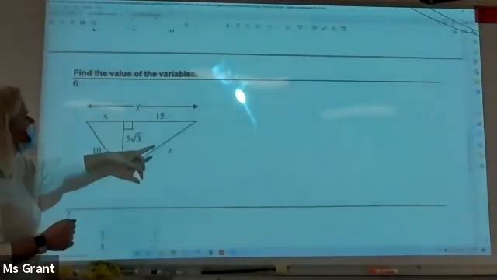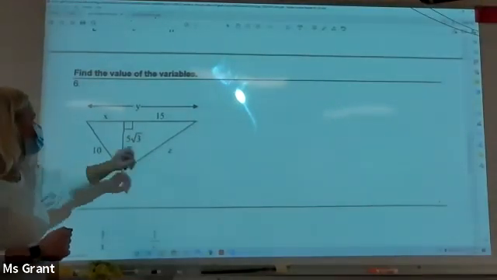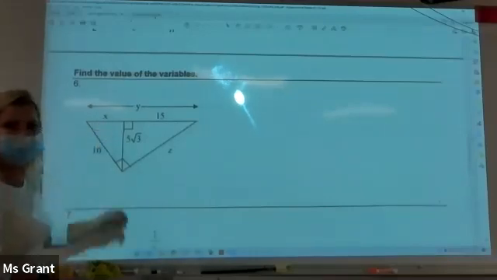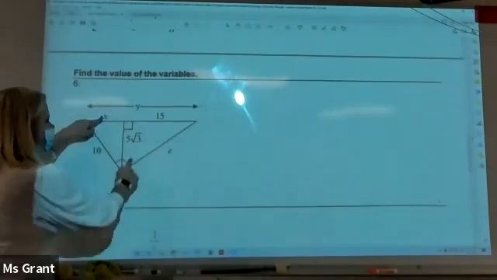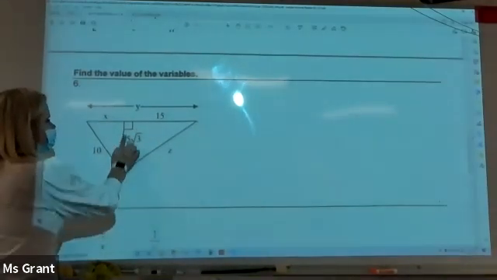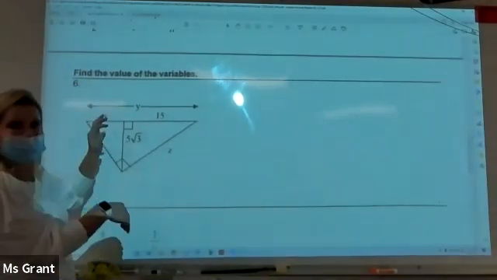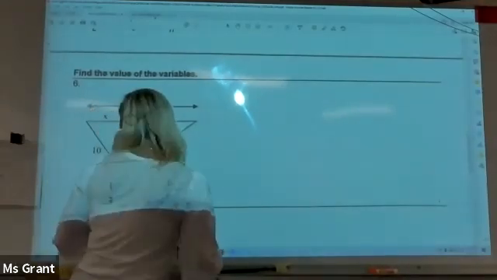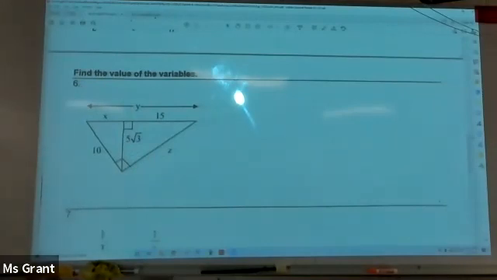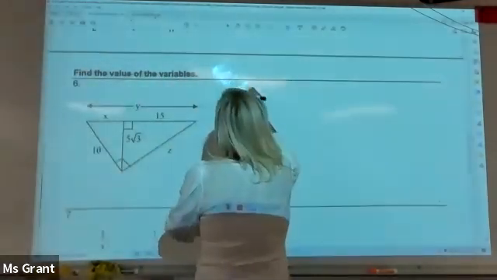Y gets used with the Z, so I actually need to do X first. See how this altitude relates to the X and the 15. The altitude relates to its adjacent legs, X and 15. So 5 rad 3 is going to be the number that's written twice. It's not going to be my X this time.